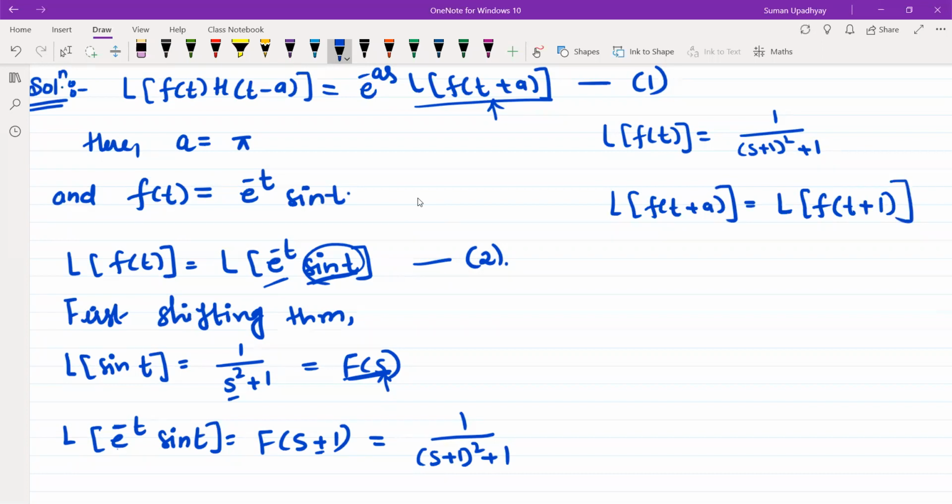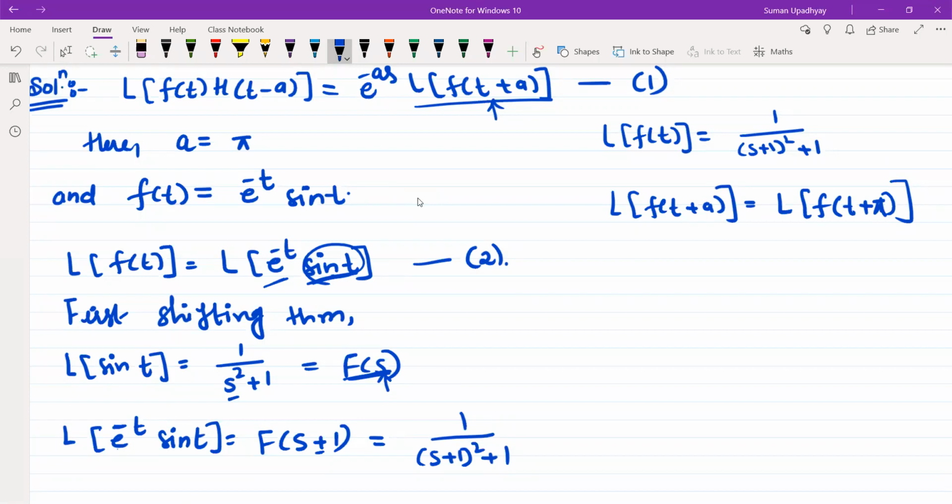Oh, sorry, yes. a is equal to pi. Correct. So what to do now? Something wrong I have written or what? Okay. I got my mistake.